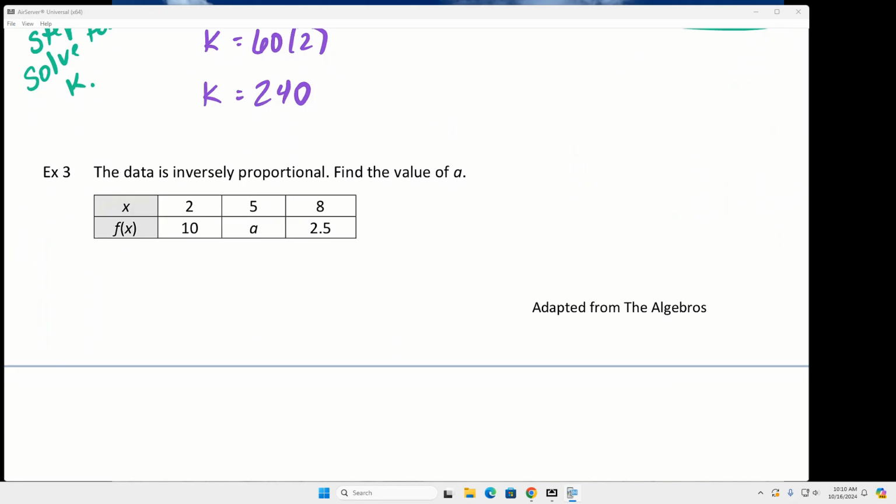So if I multiply 2 times 10, I'm going to get 20. If I multiply 8 times 2.5, what am I going to get? You get 20. And if the table is inversely proportional, that should happen. So if I multiply 5 times A, I should also get 20. So what's A? 4. Yep.